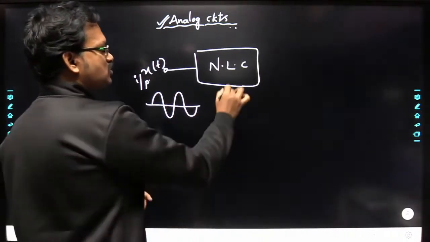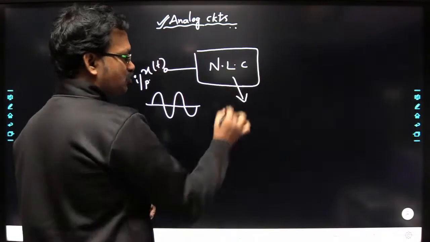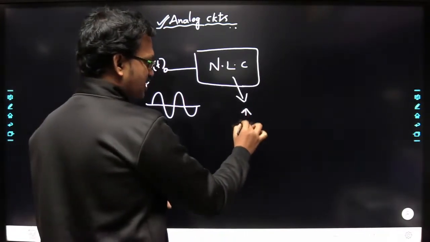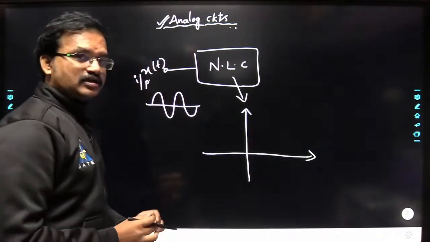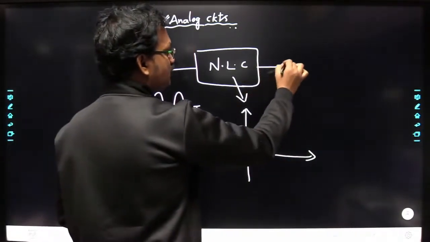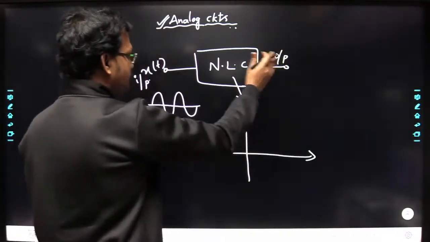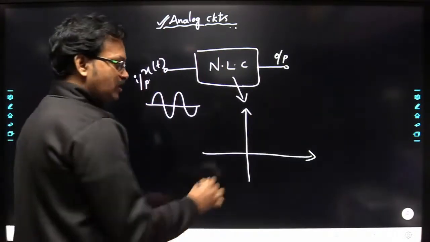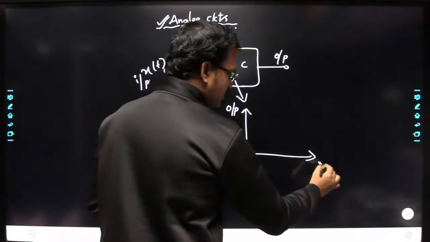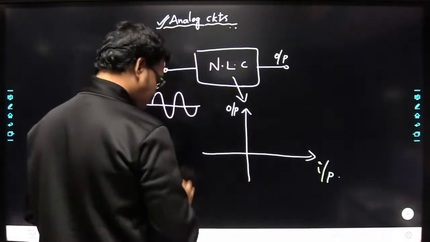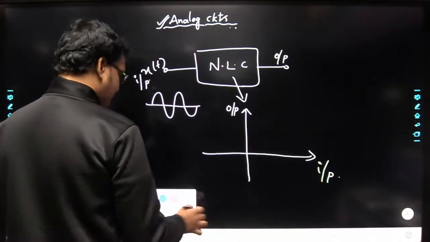Let us say this non-linear circuit behavior is given by a transfer characteristic. The transfer characteristic gives you the relation between output and input. Let us assume the transfer characteristic is like this.